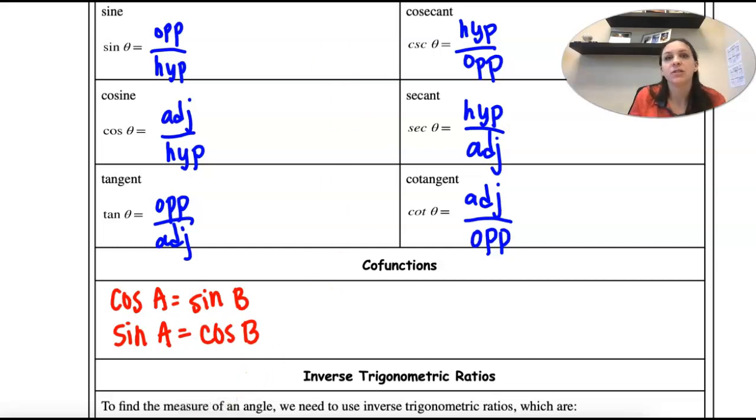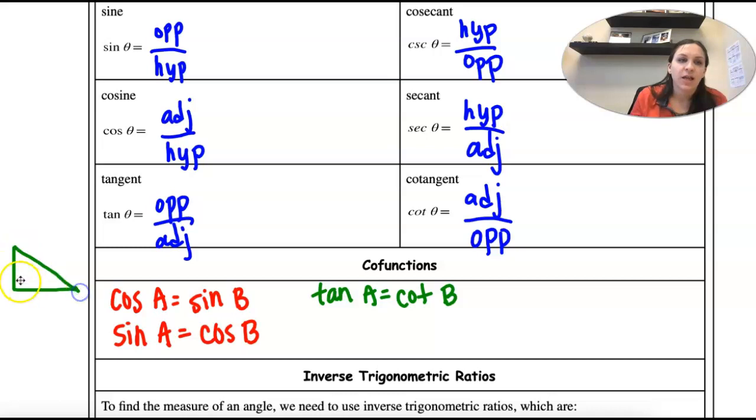And we can do the same thing with some more of these. If I take the tangent of A, that's equal to the cotangent of B. And when I'm talking about A and B, those are just angles in a right triangle. They're the other 2 angles, not the 90-degree.